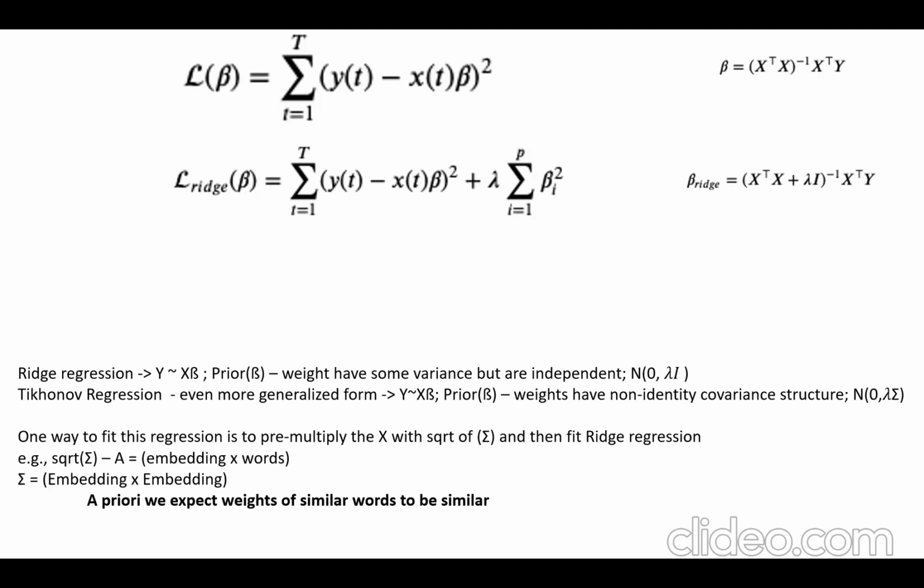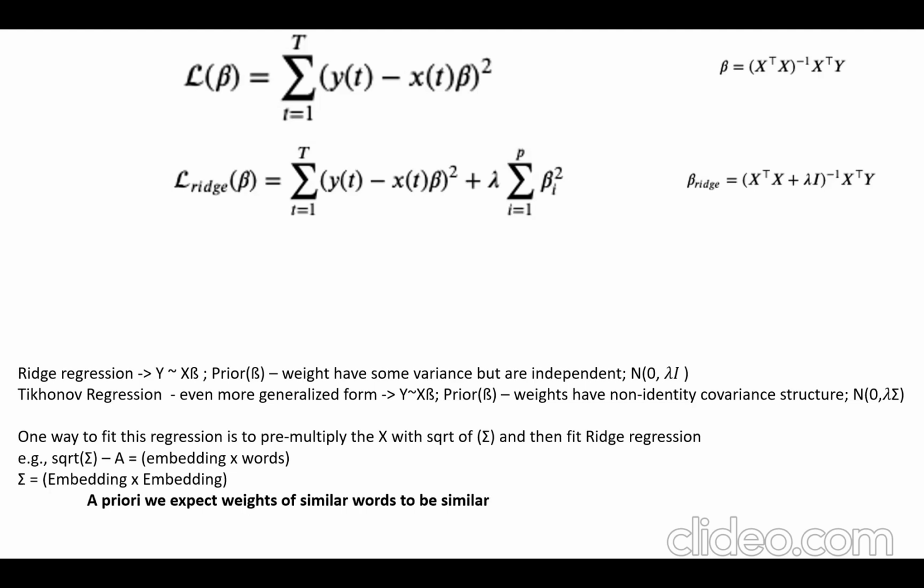But with ridge regression, I can say that I want my beta weights to be somewhere around 0. They shouldn't be too high. So this is effectively the same thing as putting a prior on your beta weights and saying my beta weights shouldn't be too high, while still trying to fit this model.